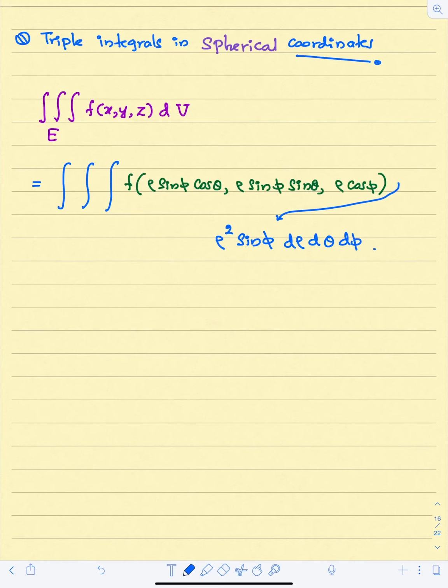So this is the order of integration that I usually use. First I integrate with respect to the rho variable, and then theta, finally with respect to the phi variable.